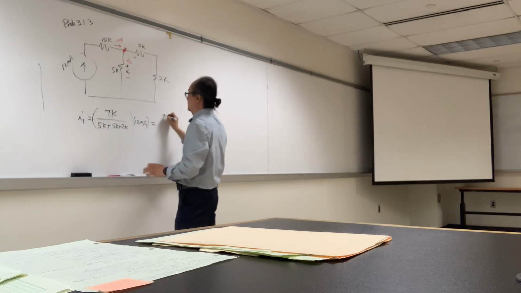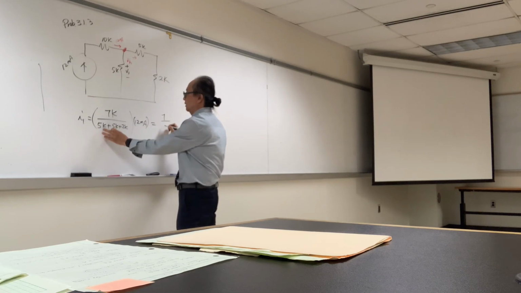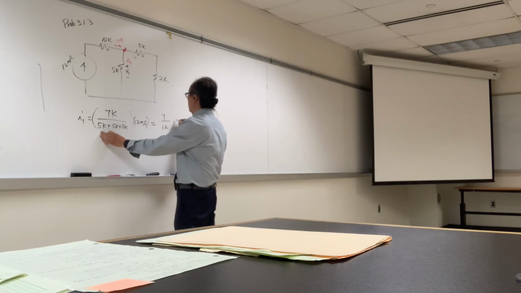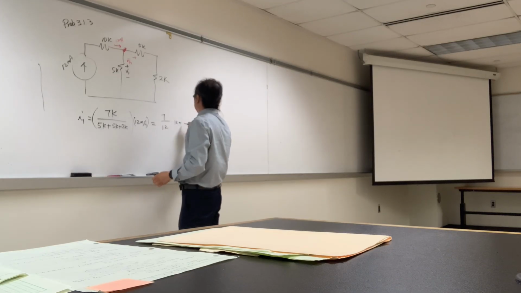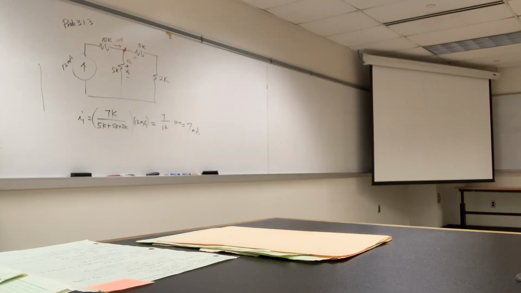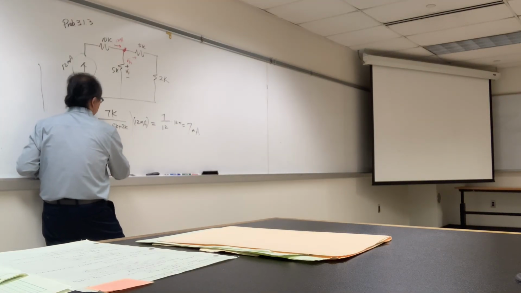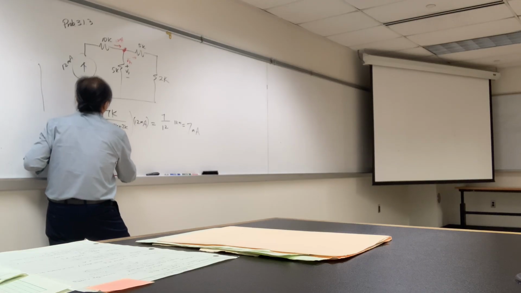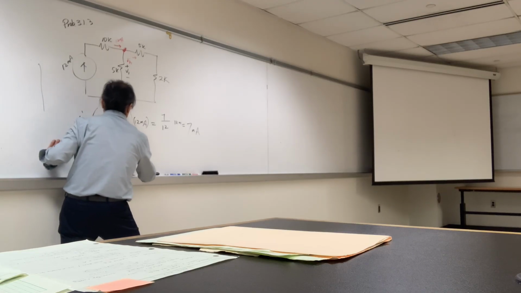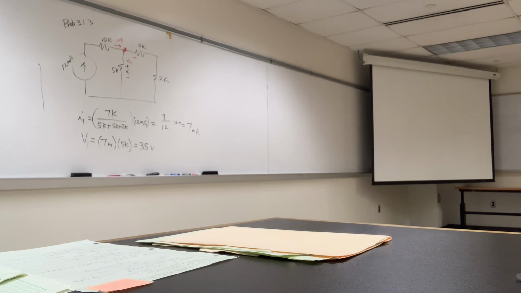So that is 7 over 10 times 12 milli. So that is 7 milliamp. Then once we have I sub 1, V1 equals 7 milli times 5K. That is 35 volts. If I say just find the V1, then feel free to use any method you want.